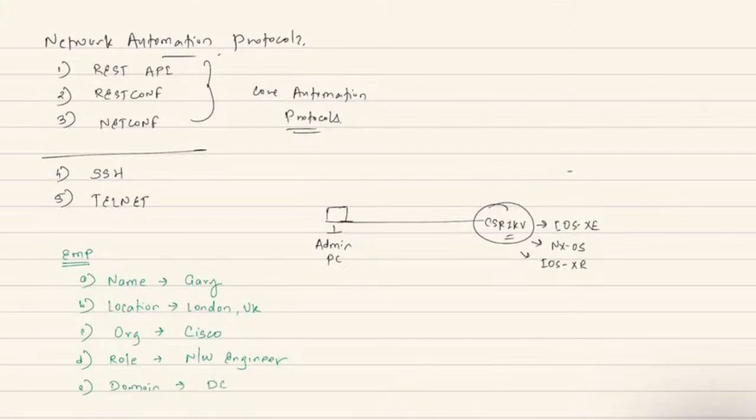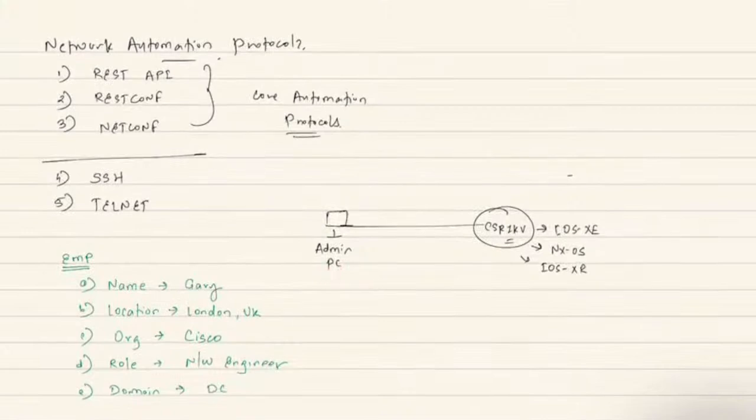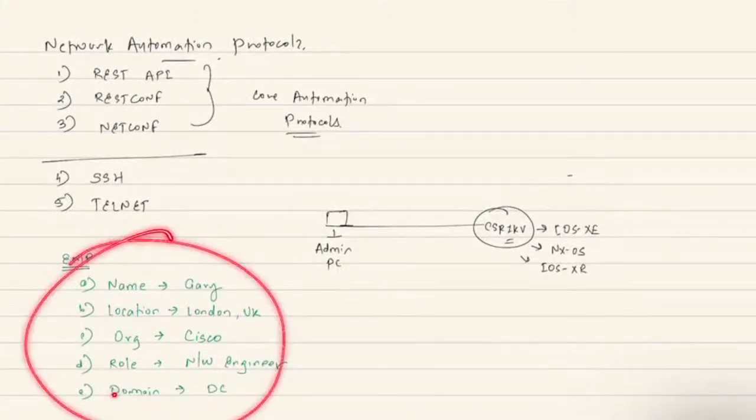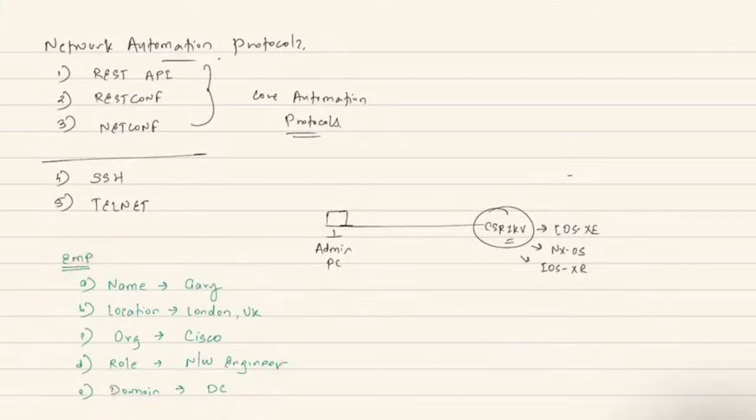Now this information looks fine when a human is reading it, but it doesn't really scale when we're talking about a PC understanding it. So data like this needs to be structured, and to do that there are data structuring languages.